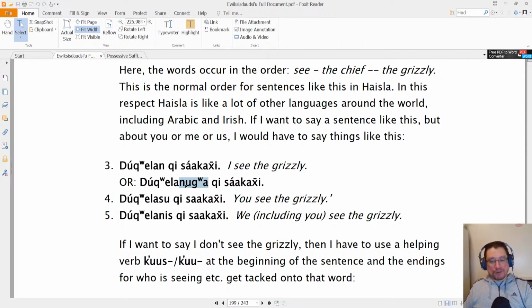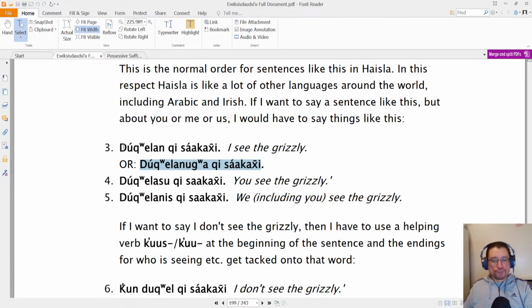It's being reduced down to one letter, and it's being used as a suffix. So you could say dukwilan, or you could say dukwila nugwa, and then ke sa kyahe. Either way you say this, it would mean the same thing. It's just different ways of writing and expressing.